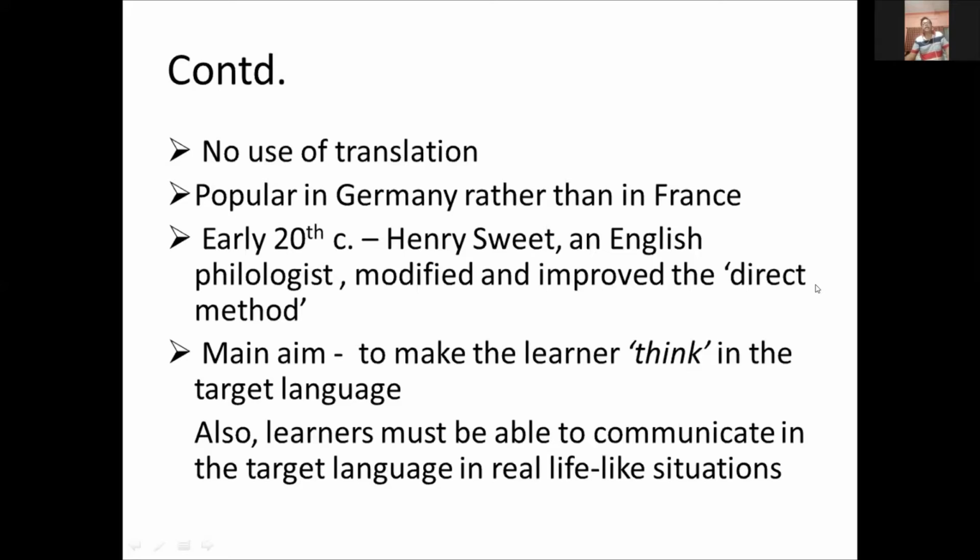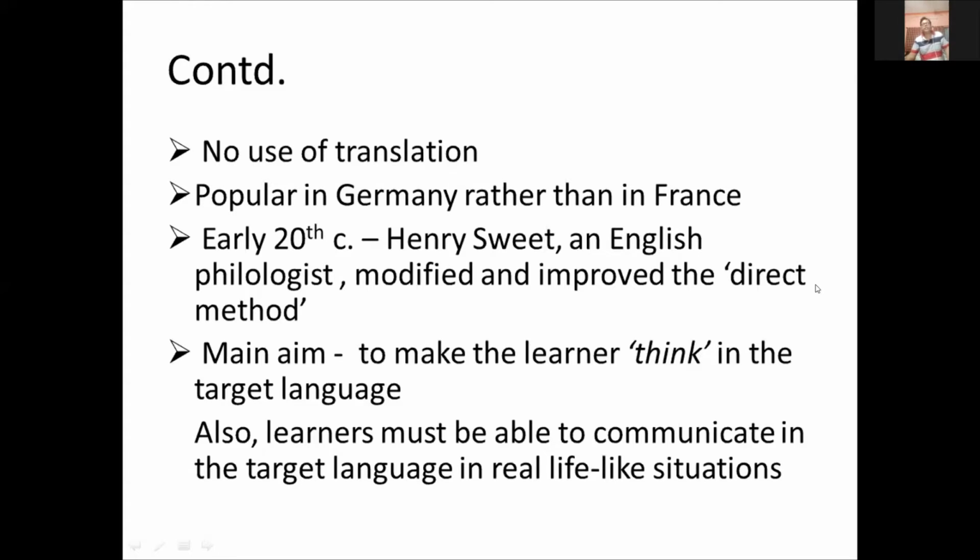But here, there is no use of any translation technique. Whatever communication occurred between the students and the teacher, it occurs directly through the target language.